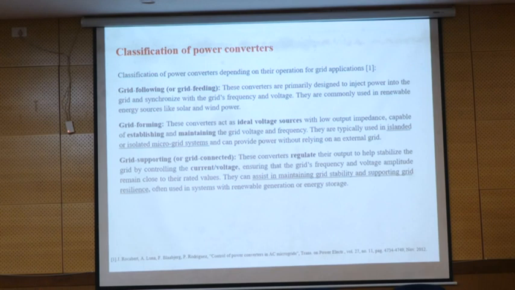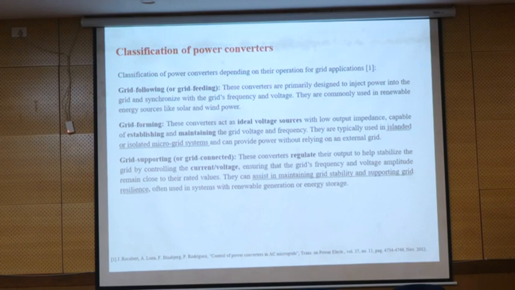Then you have grid supporting. Grid supporting is basically following the instantaneous angle of the grid, which comes from the voltage and frequency of the grid. The main idea is to support or regulate the voltage and frequency in the grid, which is very important to support the stability of the grid.